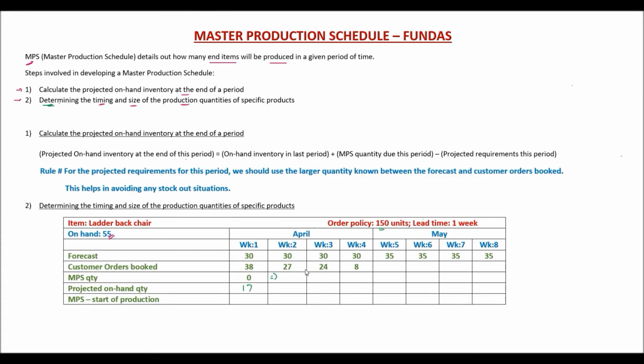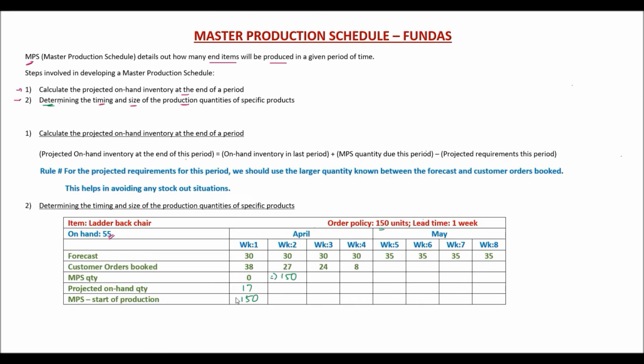So 1 week, okay, it could be 2 weeks. That means then this would have to be 2 weeks prior. We would have to schedule the MPS production start. So basically what this means is that we will now have a start of production of 150 units. So what this means is that you will now have a MPS quantity available of 150 here.